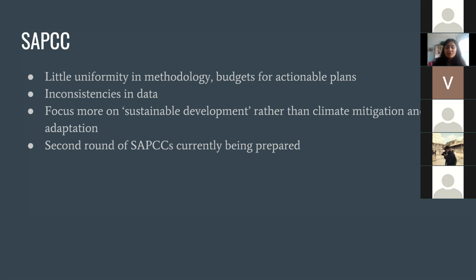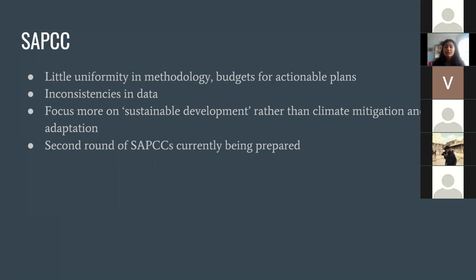There was also disparity in quality depending on how invested the local bureaucracy was. There are some excellent examples that have come up, and these have mostly been led by local bureaucrats who've taken an interest in the project. And also the timing. Some states had moved on to drafting a second round of their SAPCCs at a time when some states had not even finalized their first draft.